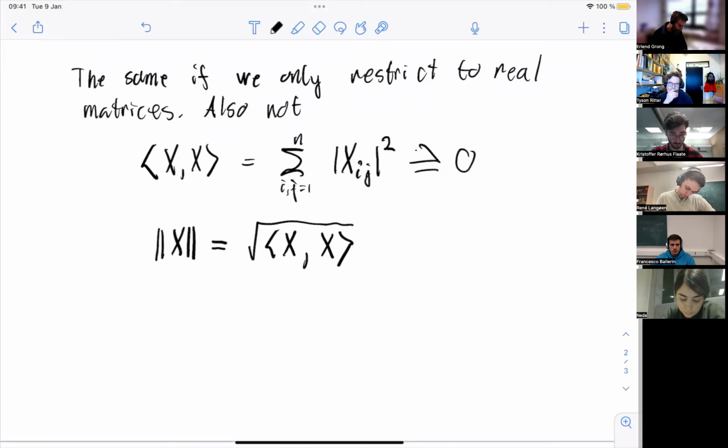And then we do the following definition.